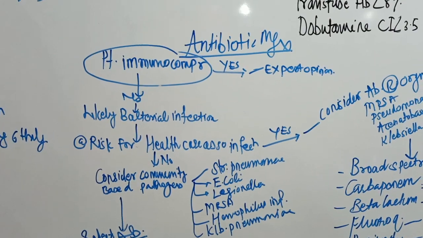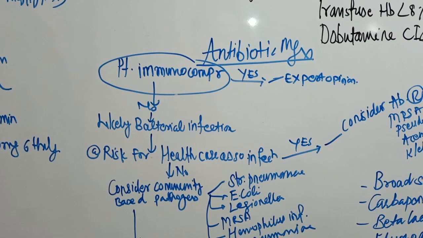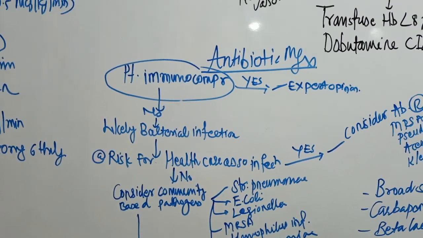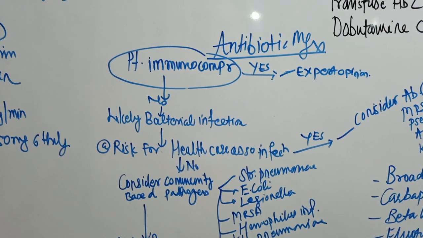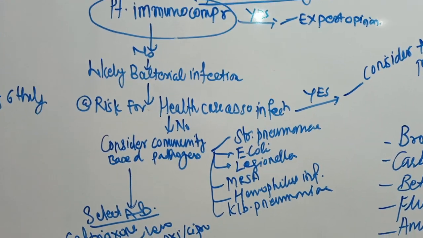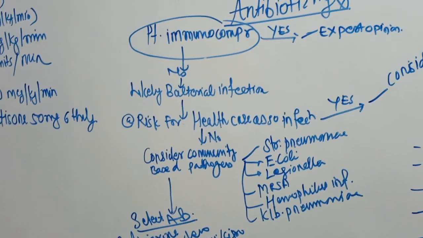If the patient is immunocompromised, we will take an expert opinion for opportunistic infections, and we will treat all opportunistic infection. If the patient is not immunocompromised, what will you do? We will think about likely bacterial infection.